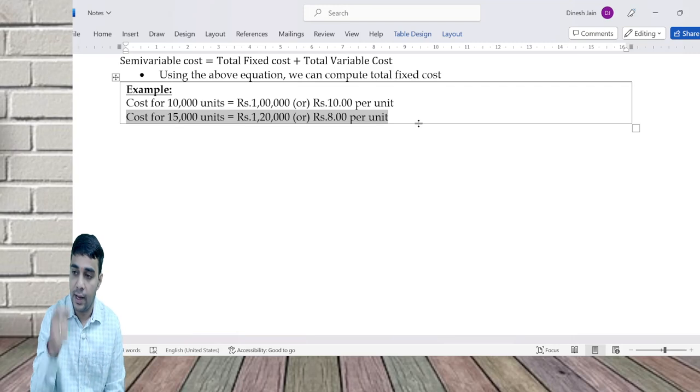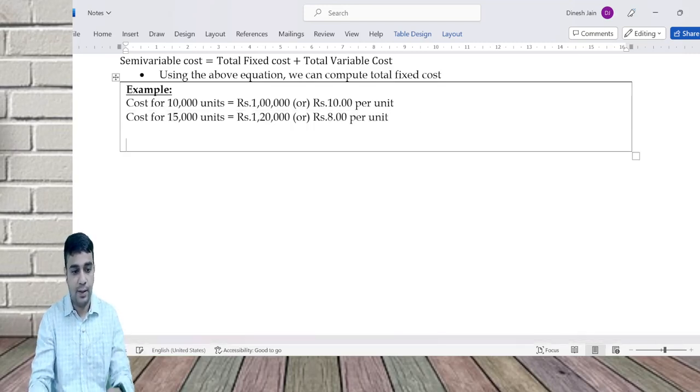I don't want that. I want the variable cost per unit. I also want to know the total fixed cost. Basically, we are trying to find an item which will normally remain constant. Once that is identified, the question says find out cost for some other number, and we can calculate that. You will understand this.